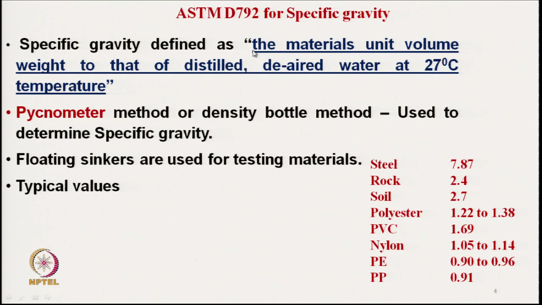It is measured using the pycnometer method or density bottle method, where floating sinkers are used for testing materials. The typical values: rock has a density of 2.4, polyester ranges from 1.22 to 1.38, polypropylene 0.91. So, for designing geotextile we must measure the specific gravity.